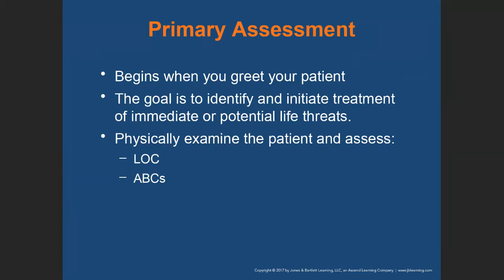You must understand the goal of your primary assessment. The goal is to identify and initiate treatment of immediate or potential life threats. That is the goal. We need to find things that can or have the potential to kill the patient and fix these problems quickly.